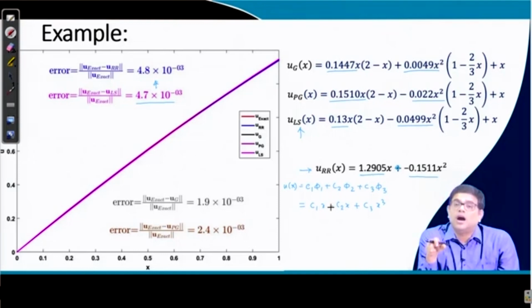But in a general weighted residual method, natural boundary conditions need not be imposed automatically, they will not arise in the formulation. So you have to impose the natural boundary condition.